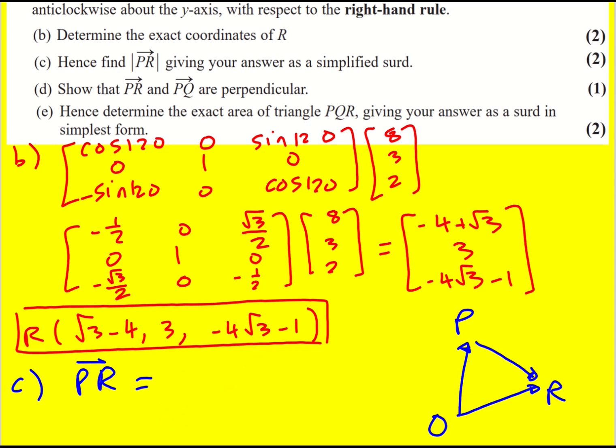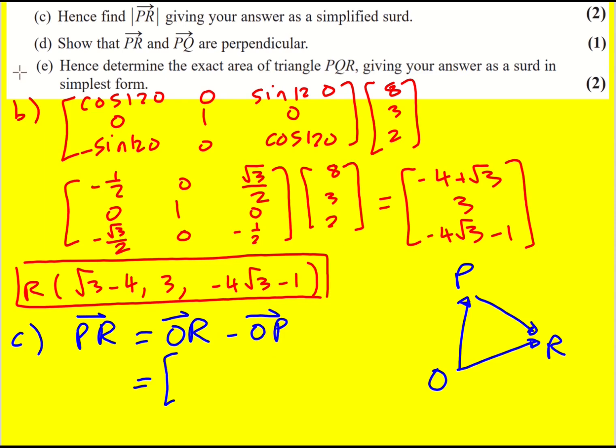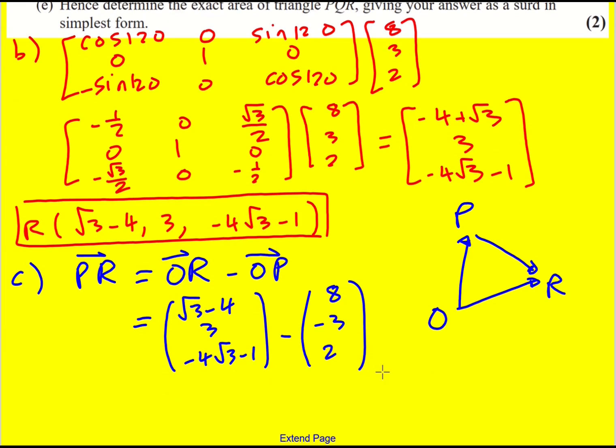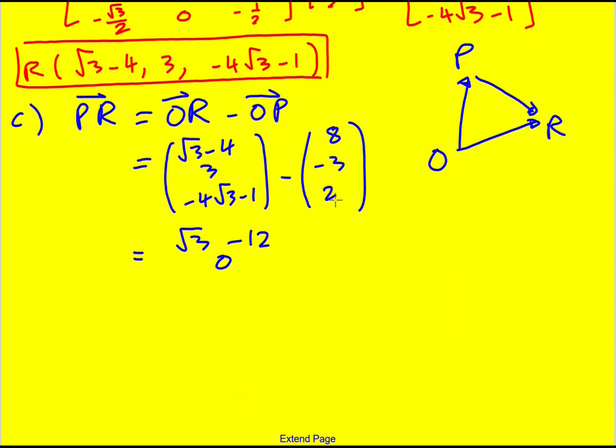So, actually, sorry, that's not quite a vector, is it? Looks like I'm writing it as a matrix. So, √3 - 4, 3, -4√3 - 1, and minus our 8, 3, 2 from before. That becomes √3 - 12, 0 here, and then -4√3 - 3.